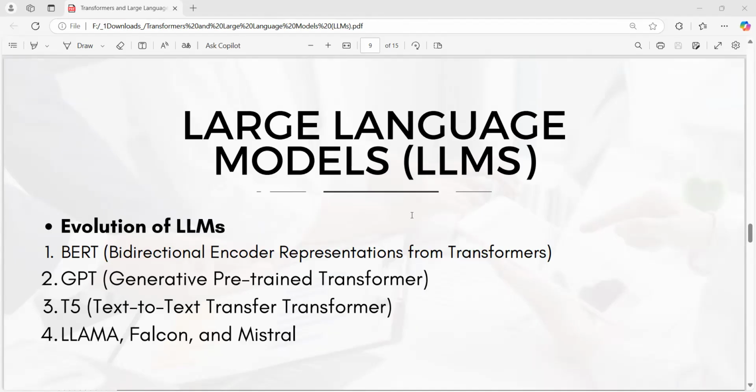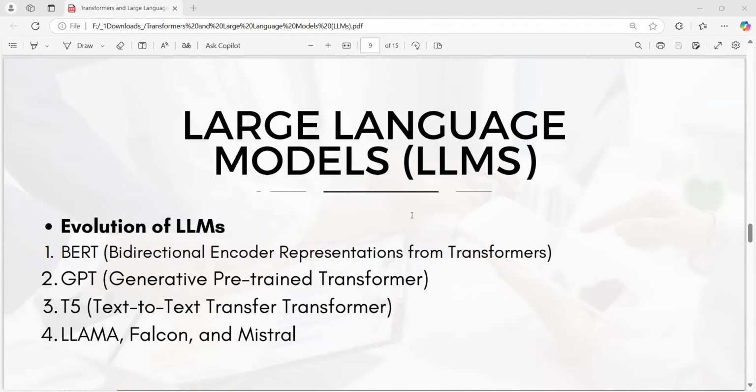The second was the Generative Pre-trained Transformer, which used a decoder only architecture for text generation. Then T5, the Text-to-Text Transfer Transformer, came into the picture, which treated all NLP tasks as a text to text transformation.